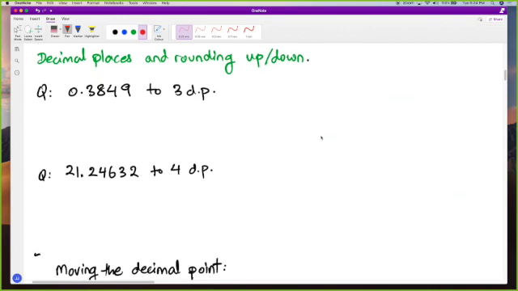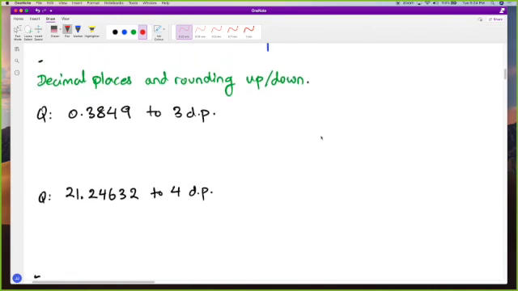Decimal places, we're talking about rounding up and rounding down. So this is just your basic review here. If I have this decimal, 0.3849 to 3 decimal places, I have to look at 1, 2, 3.